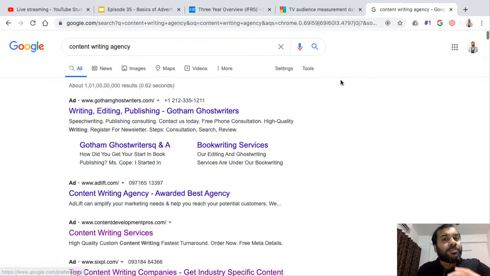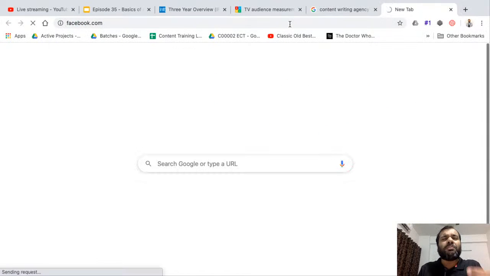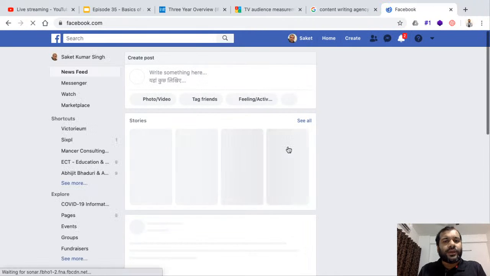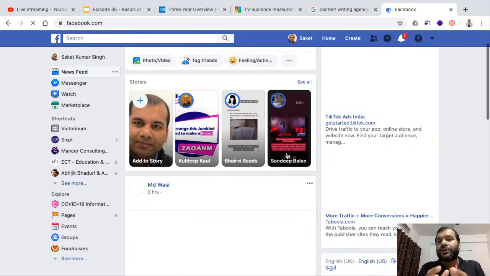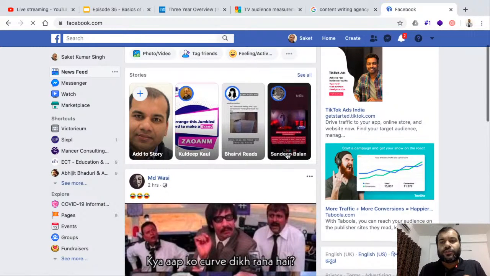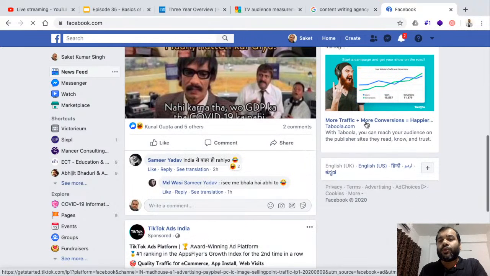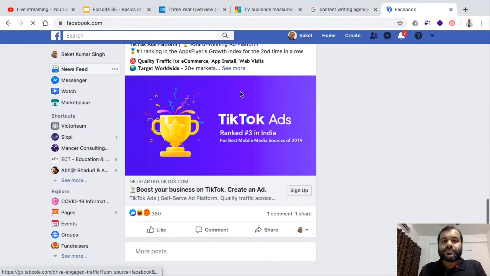If I have to run a campaign for the awareness stage, I will go and target people on Facebook, because it will be much cheaper to target a lot of people on Facebook. Because on Facebook we don't go to search for a particular product or service, right? For example, a TikTok ad on the right hand side is showing to me. These are supply based ads.